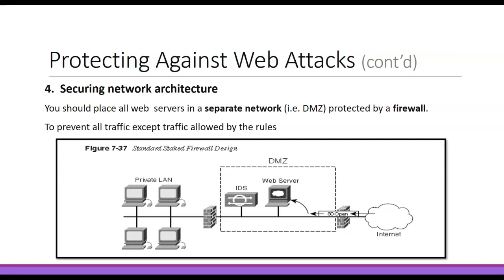So the location is important to prevent all traffic except traffic allowed by the rules. Of course, I use a firewall and I put rules to define which traffic is allowed and which traffic is not allowed.